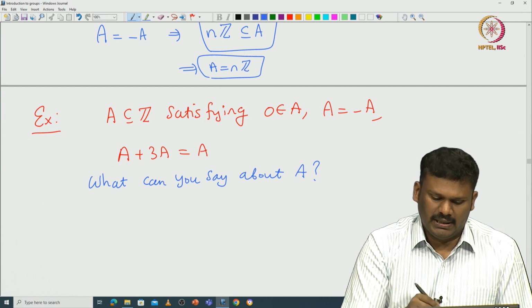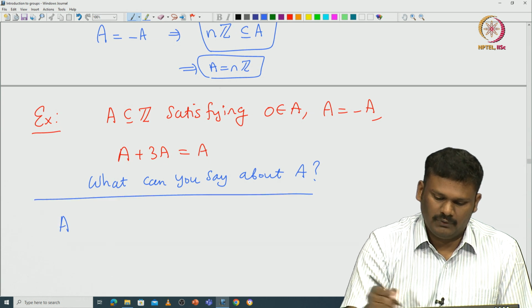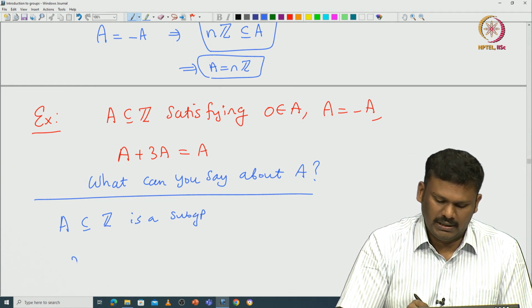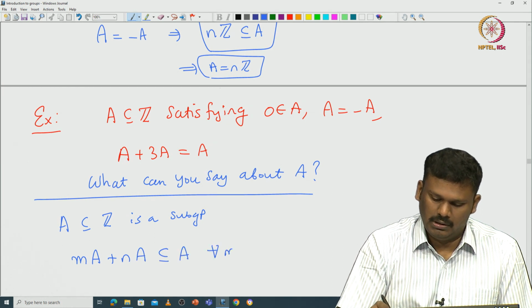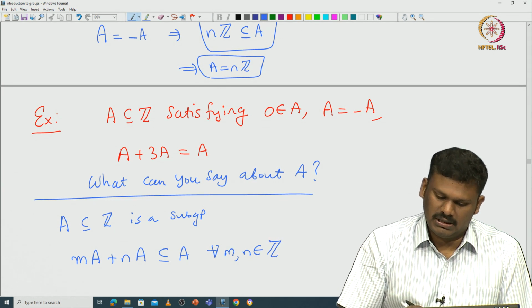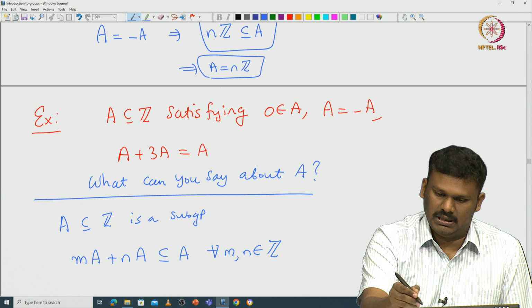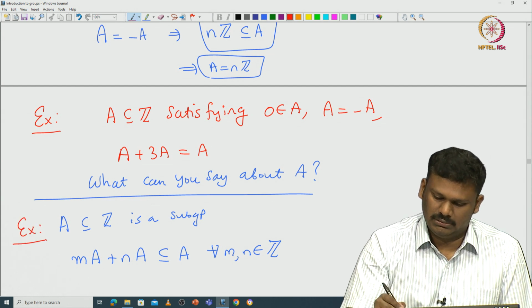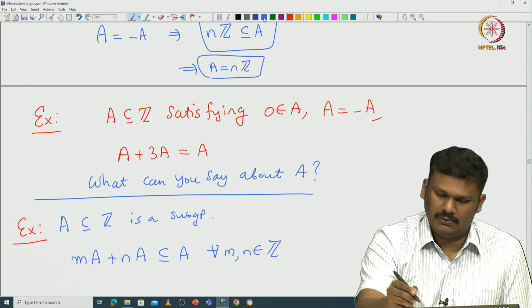And similarly, you can ask the same question for other types of relations. Okay. So, note that if A is a subgroup, then you know that any mA plus nA will be a subset of A for all m and n from Z. Okay. So, this is a very strong condition. So, maybe you can take this as an exercise and then you can prove this.